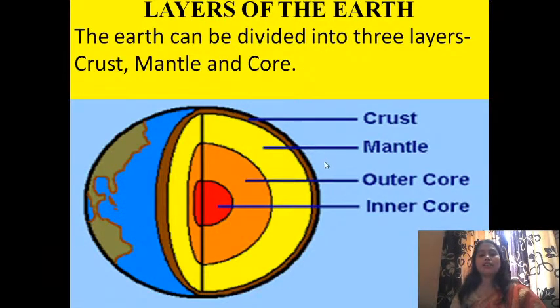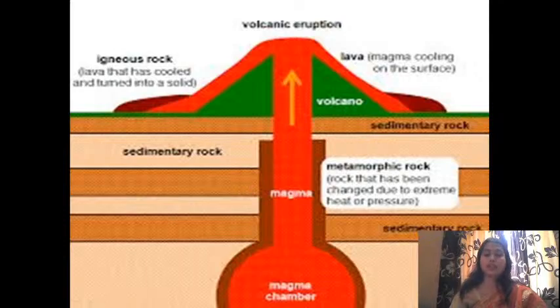Then the next layer is the mantle. And below the mantle is what? Core. And the core is also divided into two parts: one is the outer core and another is the inner core. So see, this is a volcanic eruption.